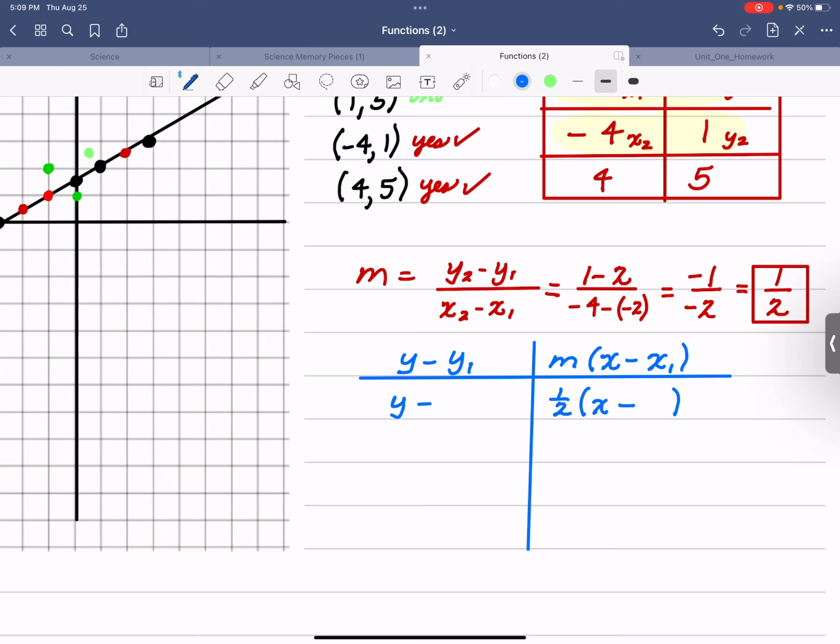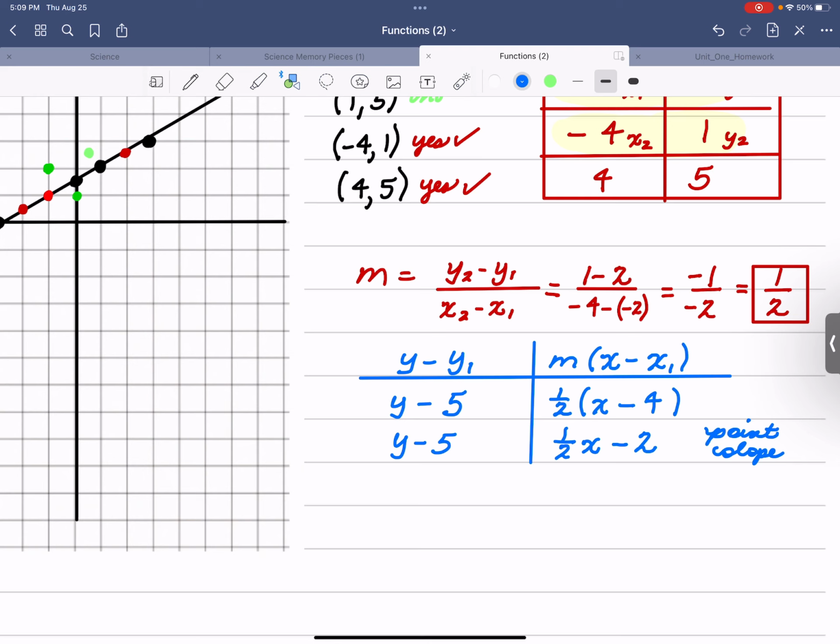And I'm going to use that 4 and 5 up there that I haven't used yet. So y1 is 5, x is 4. There's point slope. Can simplify it just a little bit. Half of -4 is -2. So this is the point slope. Final answer. If you want to carry on and do slope intercepts, you can certainly do that.